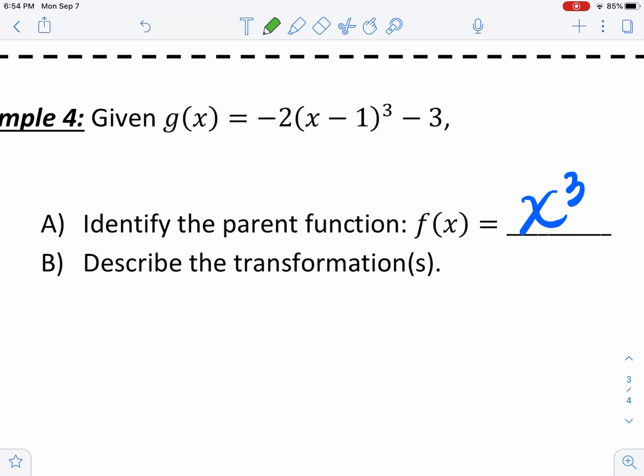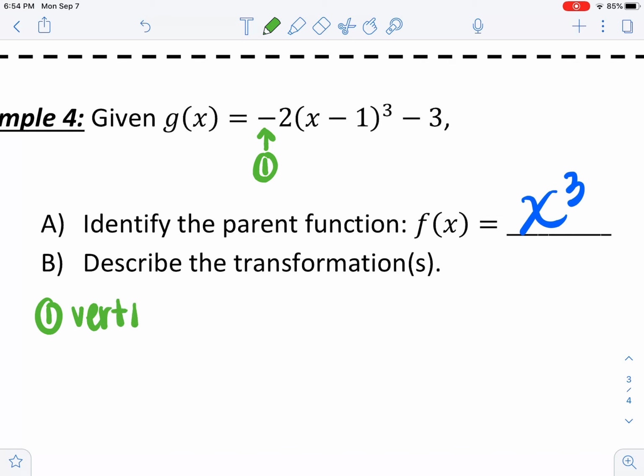Okay, now we're going to state all the things that are happening on this graph. I'm going to move left to right just so I can see each one. So first off, there's a negative in front. Notice that's outside the parent, because here's the parent right here. It's outside the parent in front, so that is a vertical reflection. So I'm going to call this number 1 right here, and color coordinate and number.